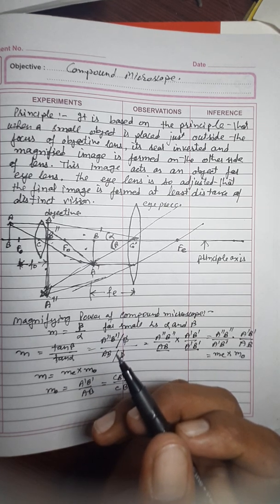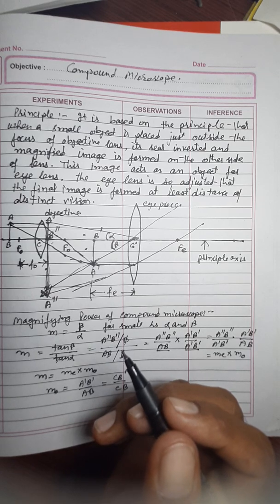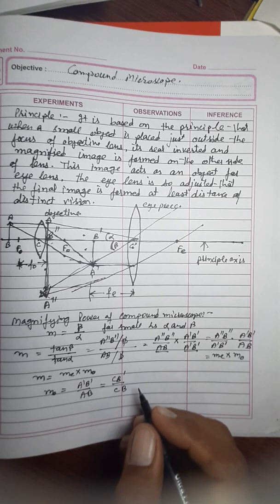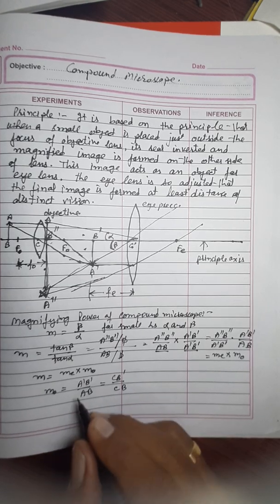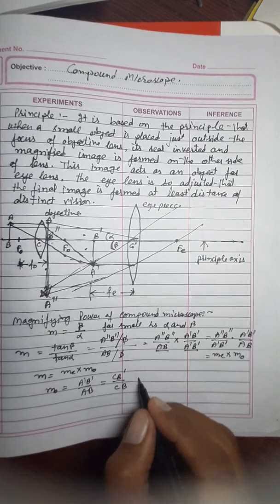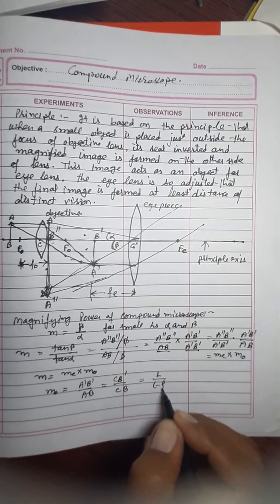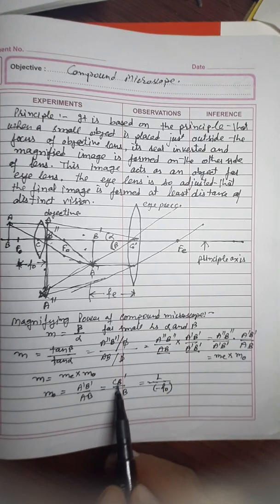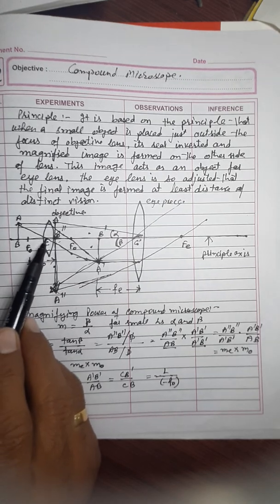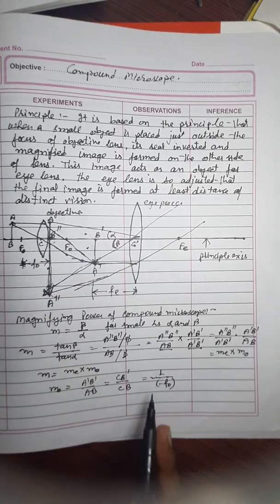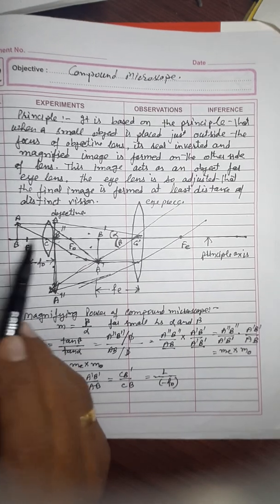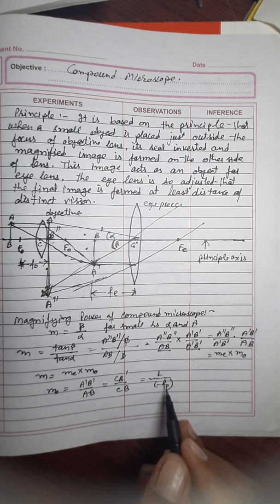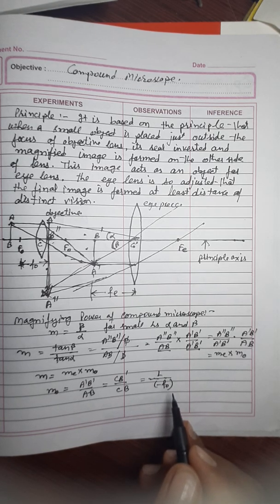But CB is nearly equal to minus f of O, and CB dash is equal to the length of the tube L. Therefore, M_O equals L by minus f of O.